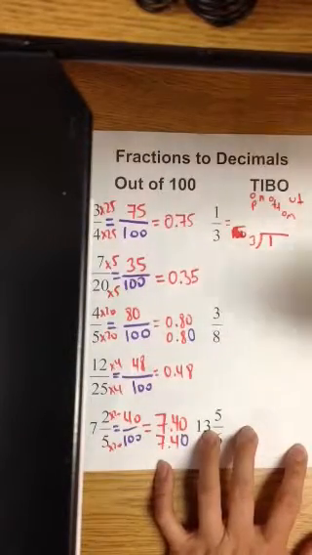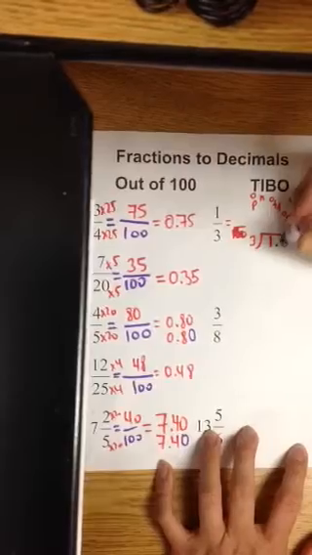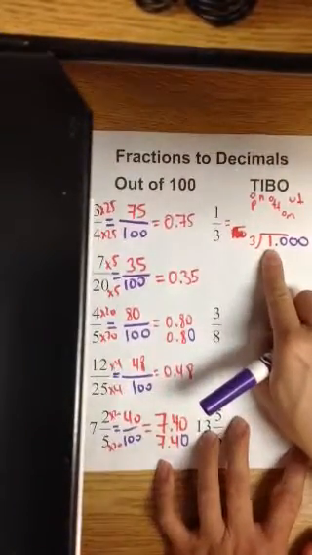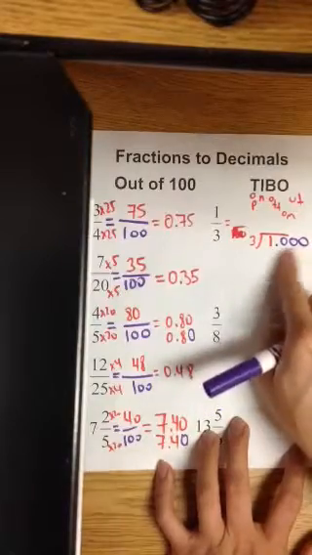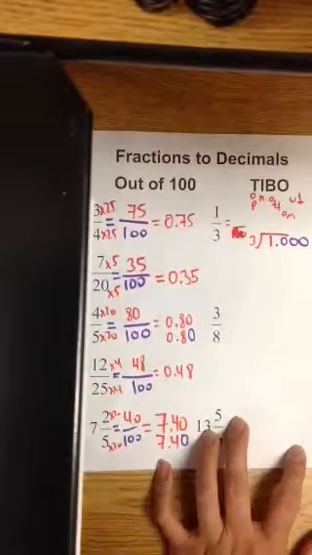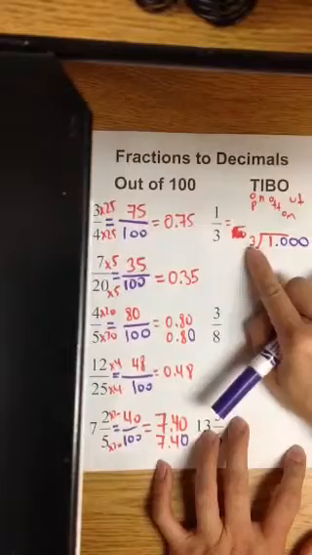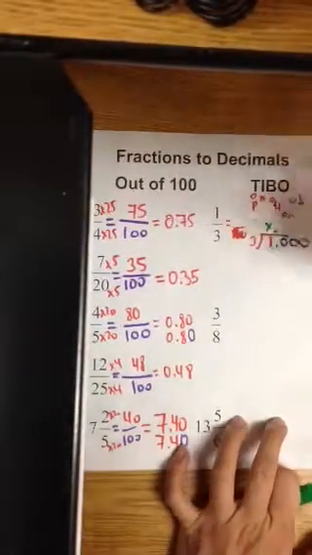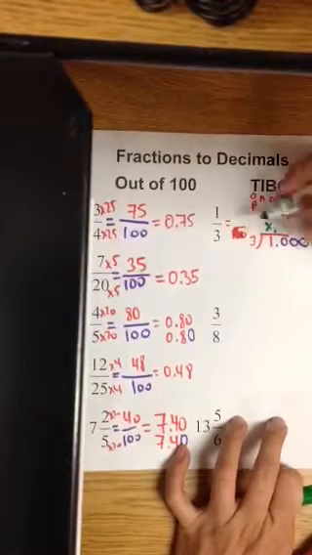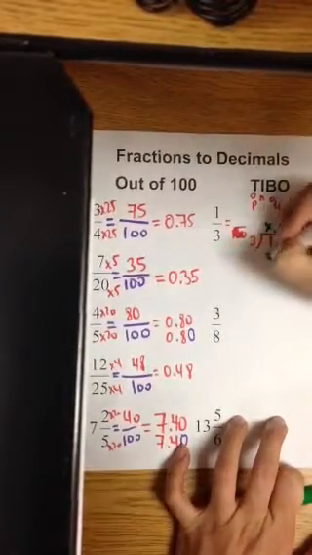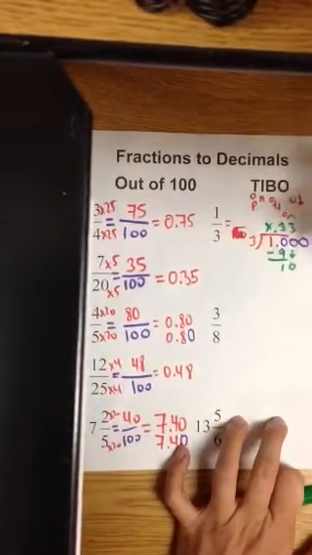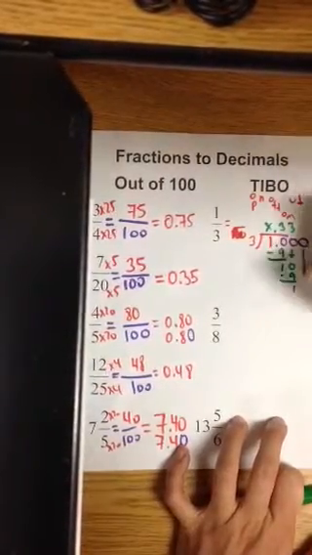Please put 3 placeholders behind it, because what's another way to say 1 or $1? With 3 placeholders. So you just do regular division now. Can 3 go in 1? No. Don't forget this decimal point. Can 3 go in 10? 3 times. 1's the remainder, bring down the 0. Can 3 go in 10? 3 times. 1's the remainder, bring down the 0.